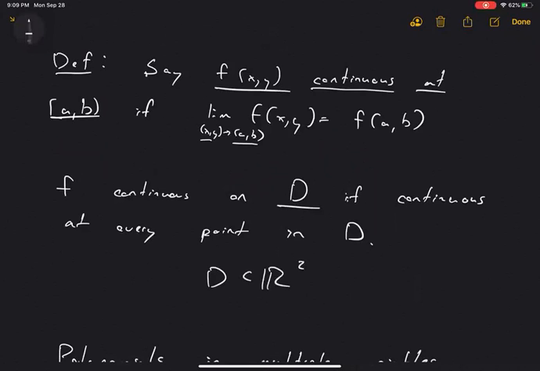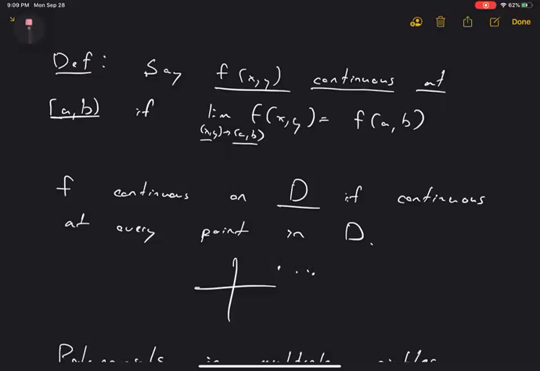So D is some little piece inside R2. Our function f will be continuous on D if it's continuous at every single point inside that set.